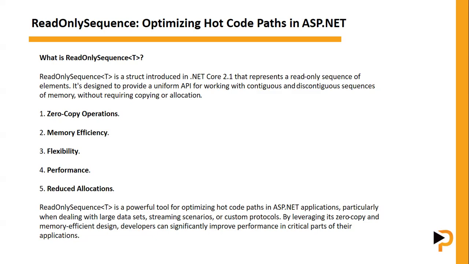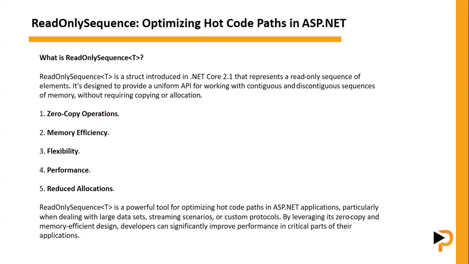Efficient stream processing. When dealing with large file uploads or downloads, we can use ReadOnlySequence. So there is an example here. We normally perform the task by means of normal readers and writers; you just check the performance by using some tools, then use the ReadOnlySequence and check the performance, how much time and how much memory it takes.